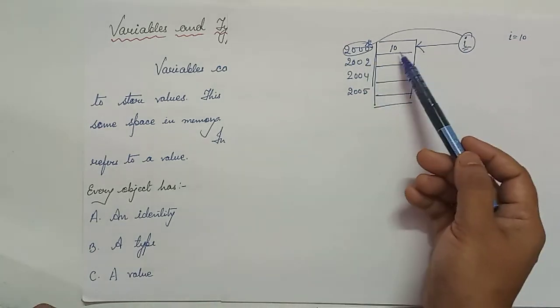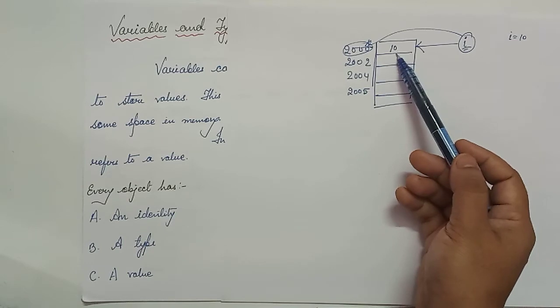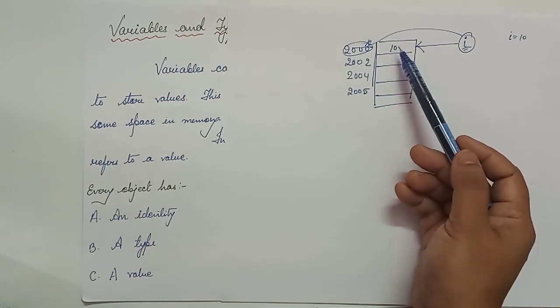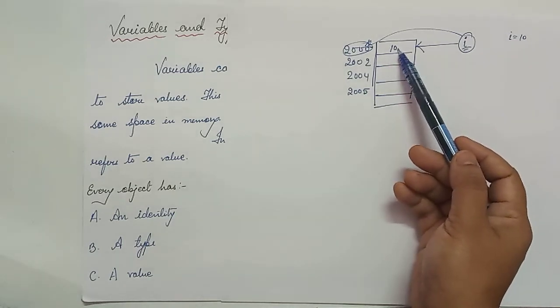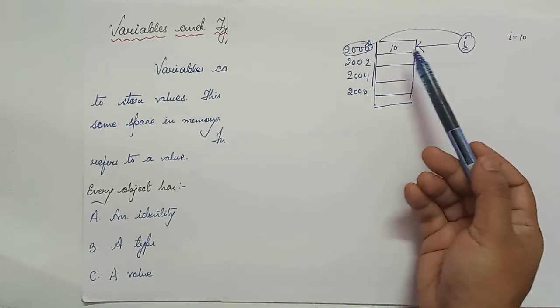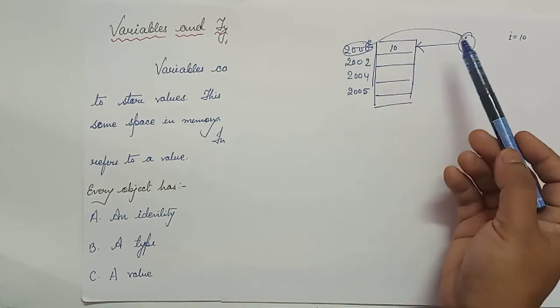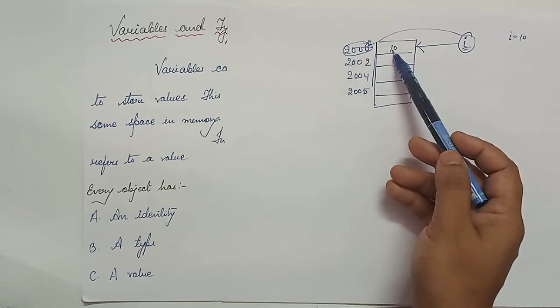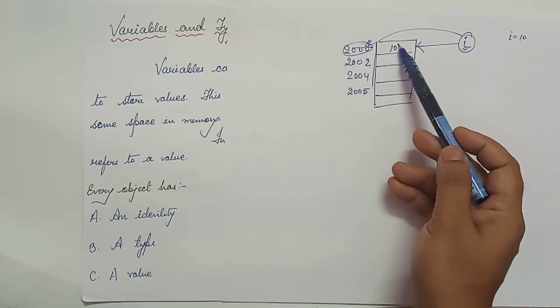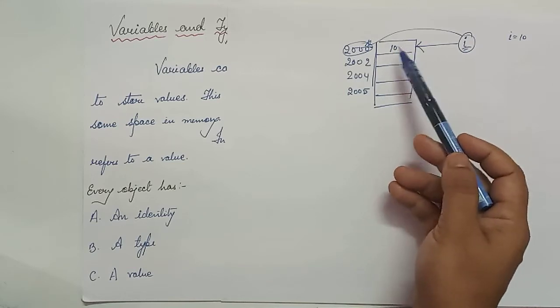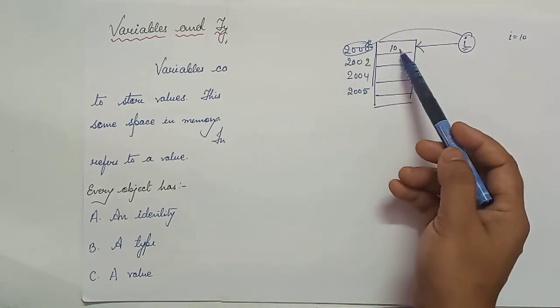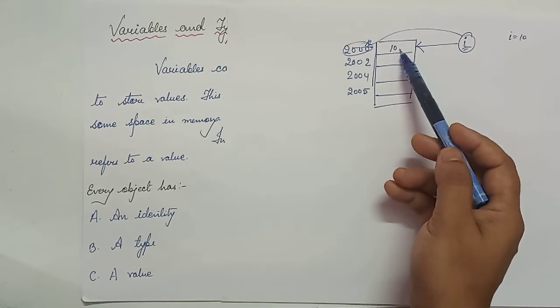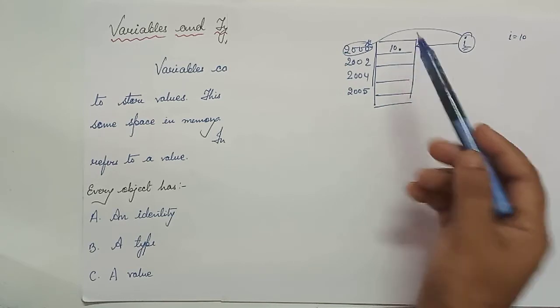Next, type: what kind of data you have stored over here. Just like the example we have taken, 10 is an integer. You can store a string, float, or some other data type. Type means what kind of value it can store, and next is the value. So the value of I is 10.